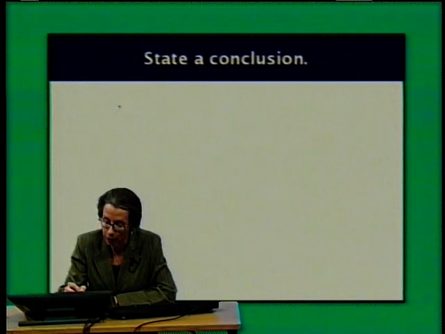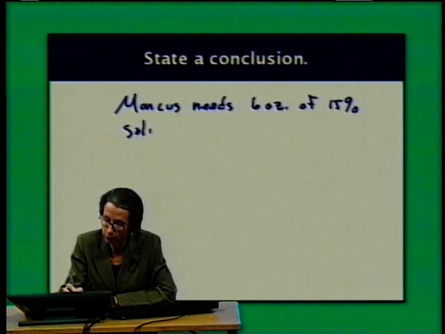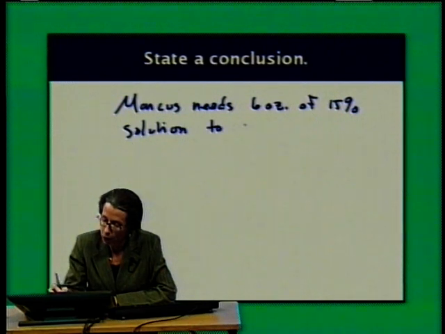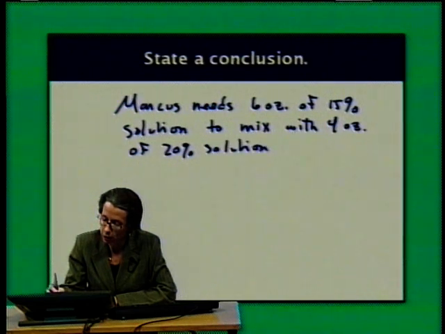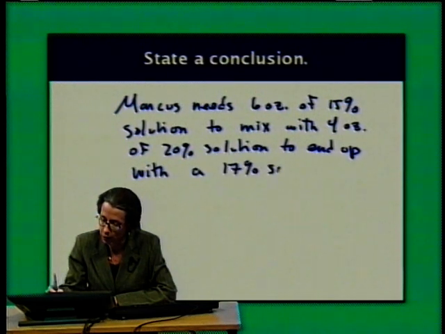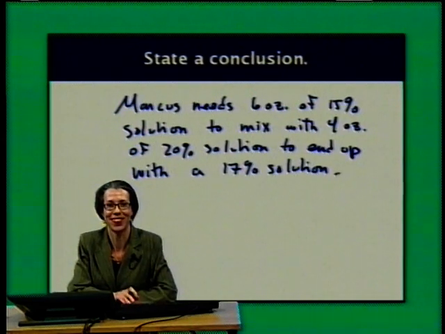So what we just found out is that Marcus needs 6 ounces of 15% solution to mix with 4 ounces of 20% solution to end up with a 17% solution. That wasn't too bad. Let's try another one.